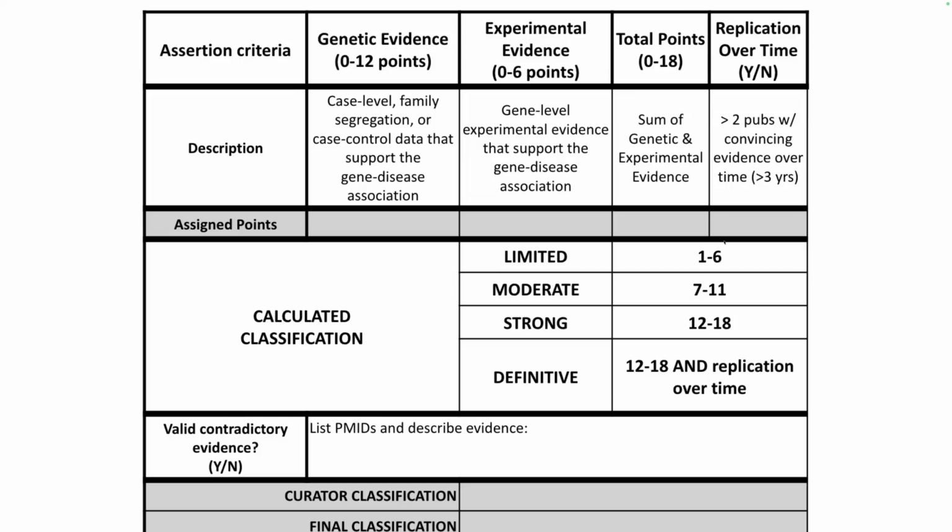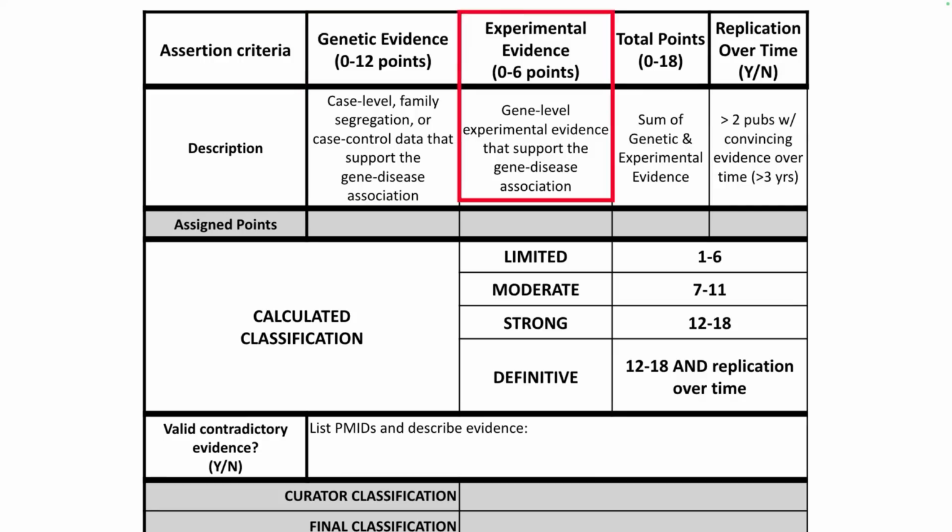So you'll see that there's a little bit of a points gap in between each strength level here. So 1 to 6 is limited, whereas 7 to 11 is moderate, knowing that you will end up with 6.5s. And then you need to talk to your experts in a disease area and decide, should this be a limited gene? Should this be a moderate gene?